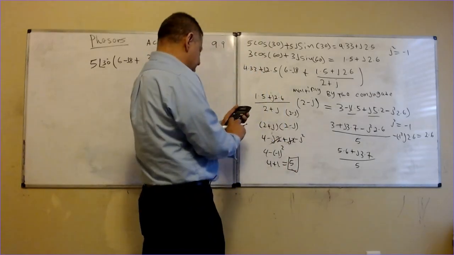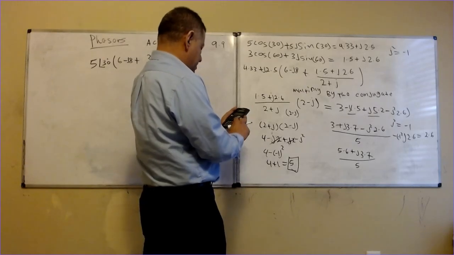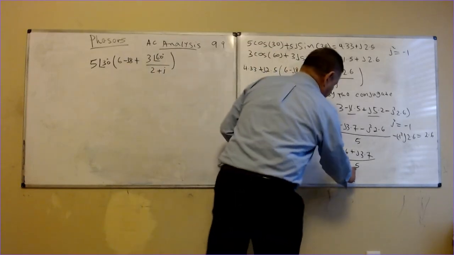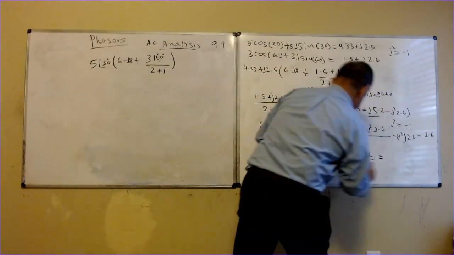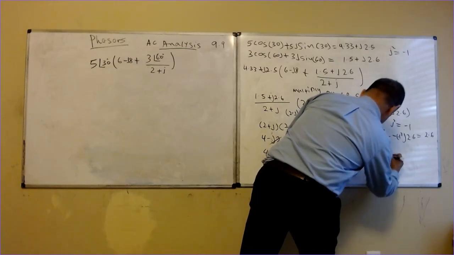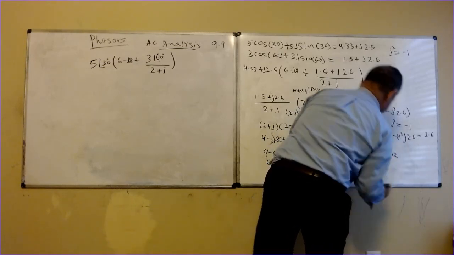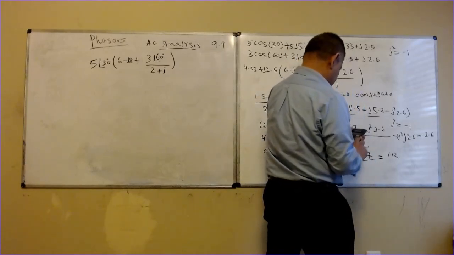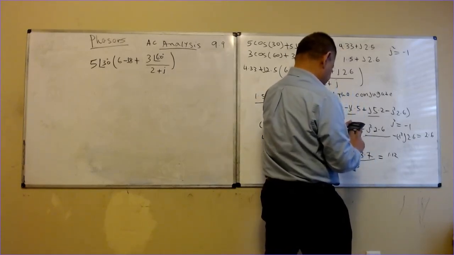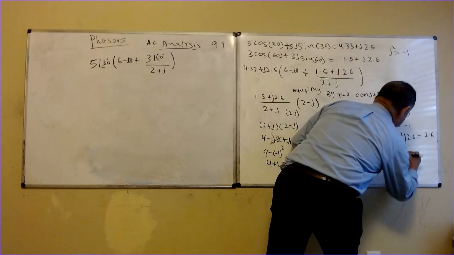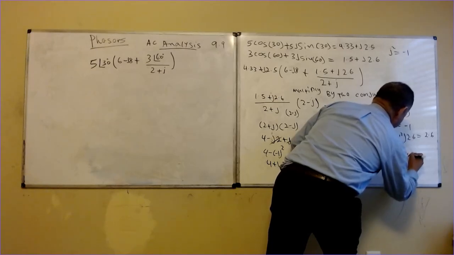So now I take that number and divide everything by 5, and I get this simplified to 1.12 plus J 0.74.